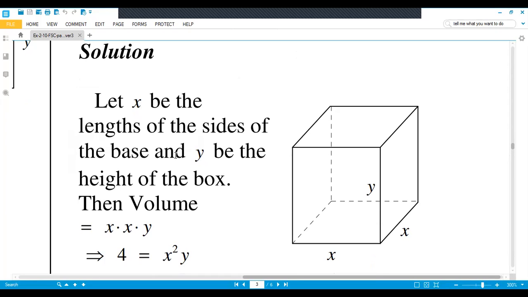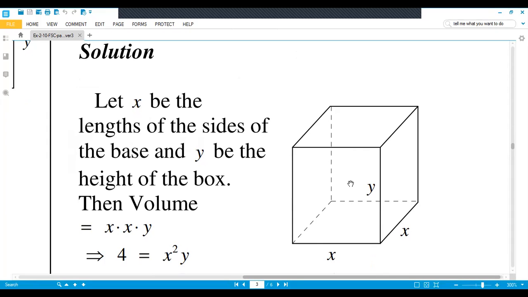So let's suppose x is the length of the sides, because its base is in the form of a square, so all side lengths will be equal. So length and breadth both will be x. Let x be the length of the sides of the base and y be the height.